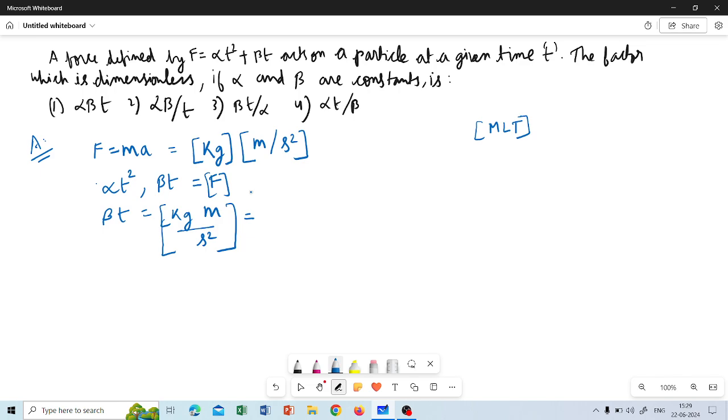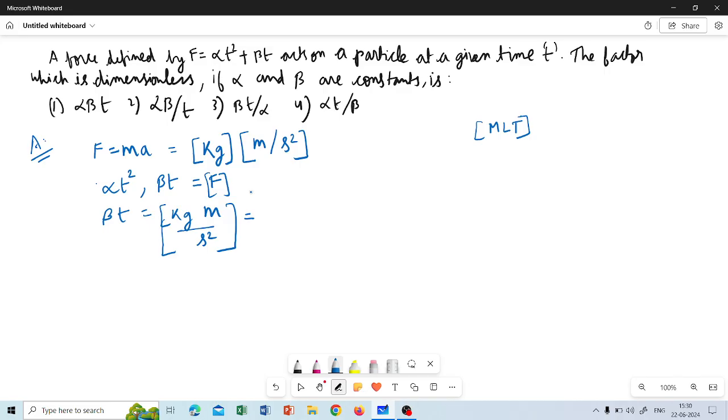One more thing you have to remember is that some people get confused: constant does not mean there is no unit. There are many constants, like Planck's constant or the speed of light. There will be some unit for the constant. There may be constants without any units as well. So some constants have units, and some are dimensionless.